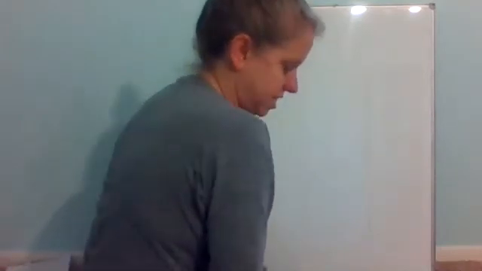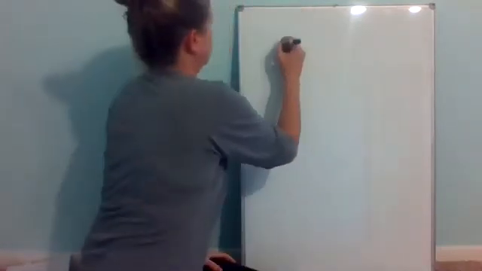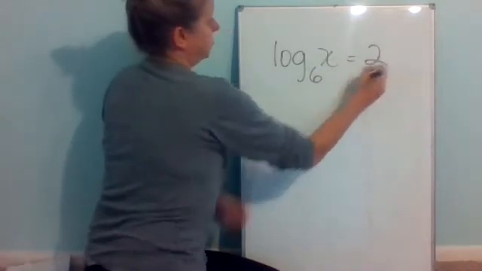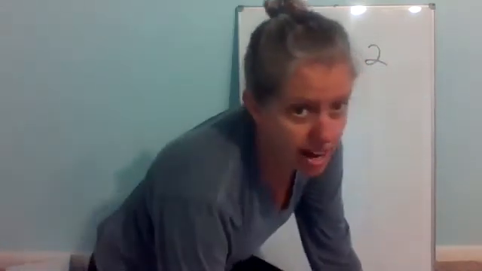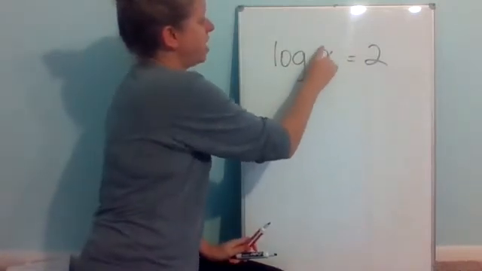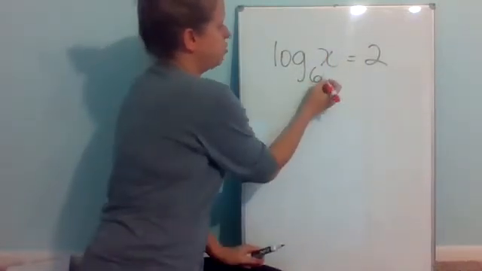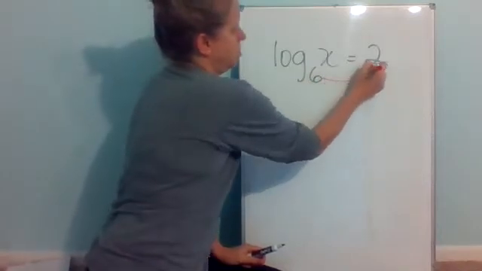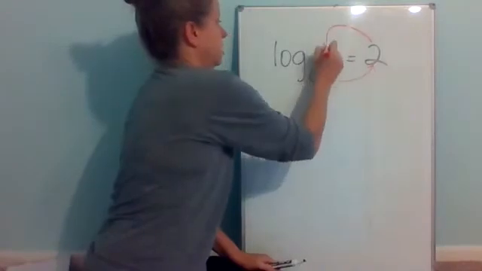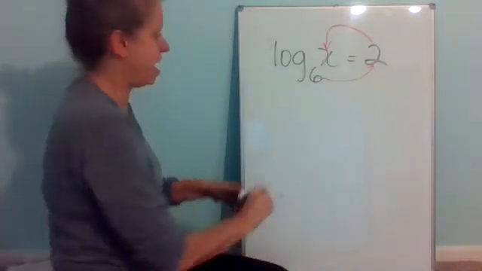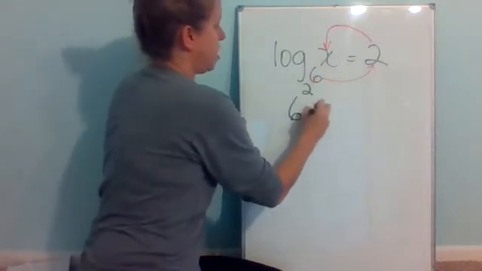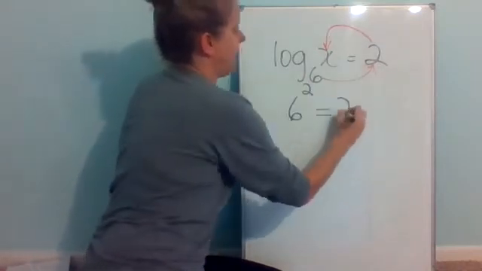I have log base 6 of x equals 2. I'm going to rewrite this as an exponential equation because remember, this number right here is whatever the base raised to that power is equal to that. So I have 6 to the second power is going to equal that x.